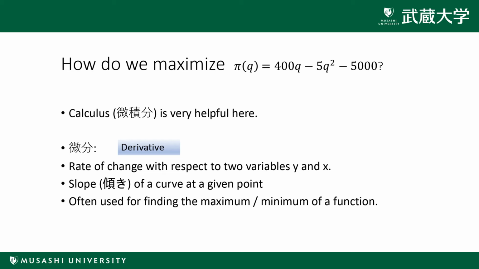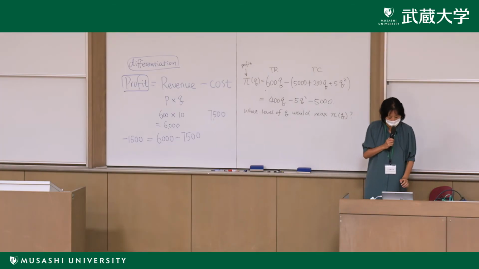And this is a very, very important mathematical concept because it is often used to find the maximum or the minimum of a function. All right. So I will introduce a little bit about the basics of derivative or differentiation, and then we're going to solve this problem together.